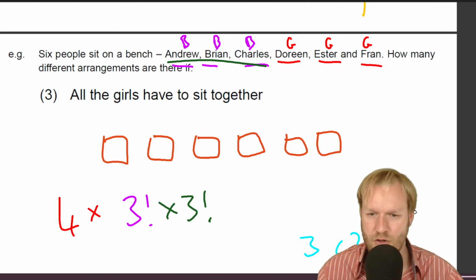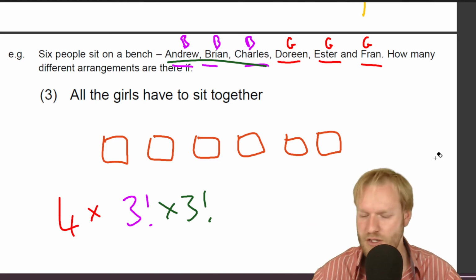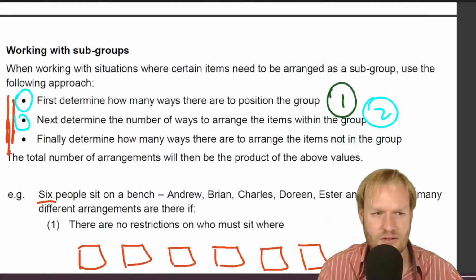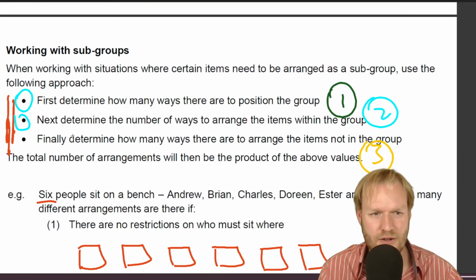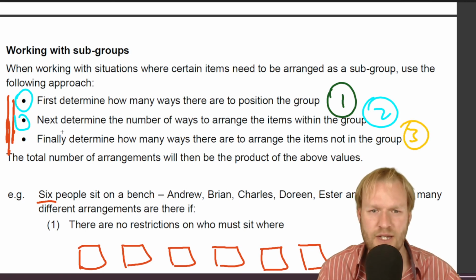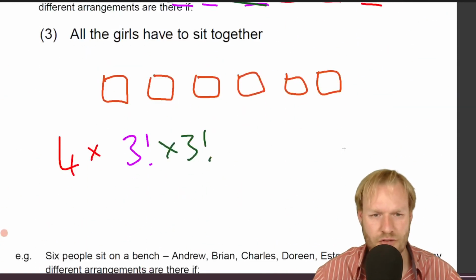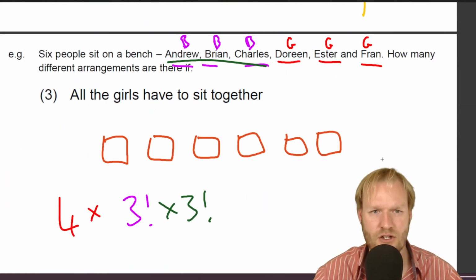And then for our last bit, part 3: finally, determine how many ways there are to arrange the items not in the group. So in this case, the items not in the group were Andrew, Brian, and Charles.